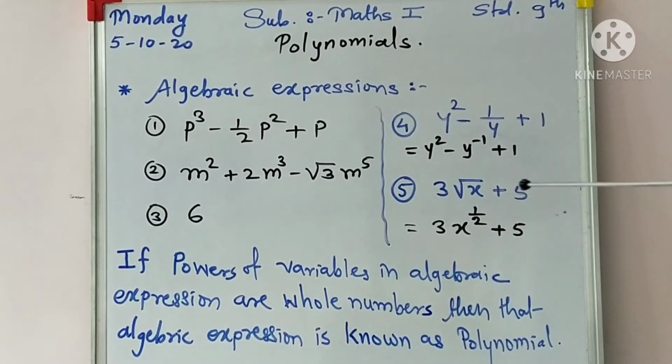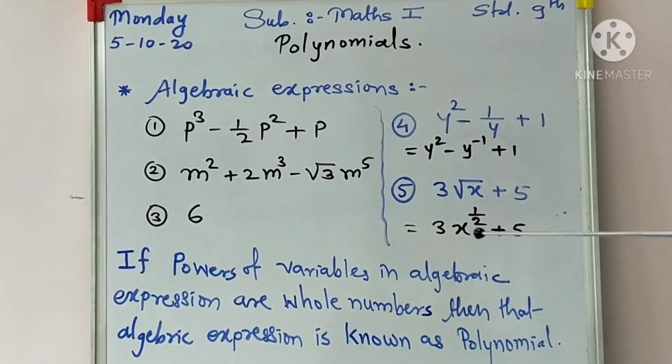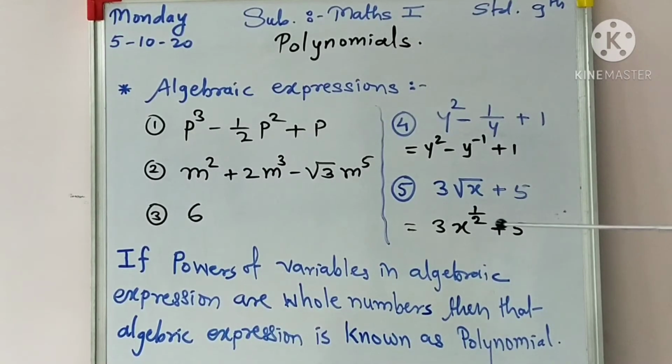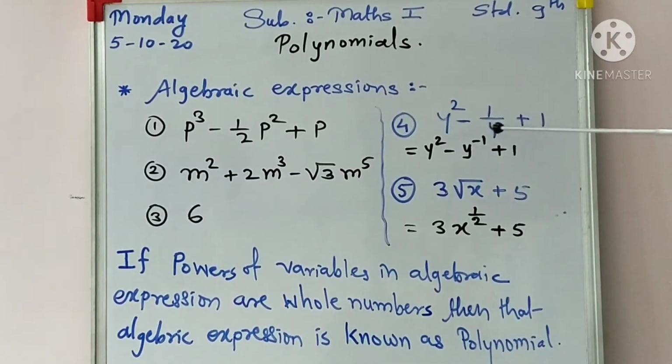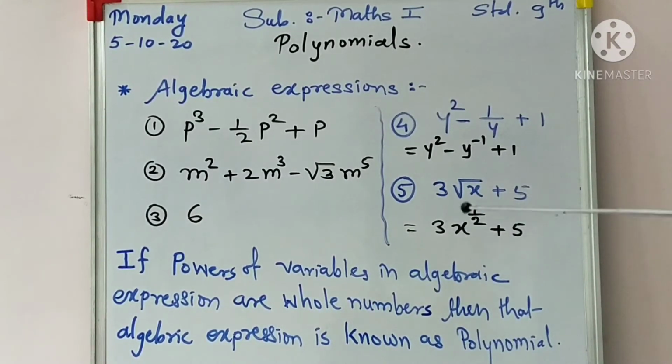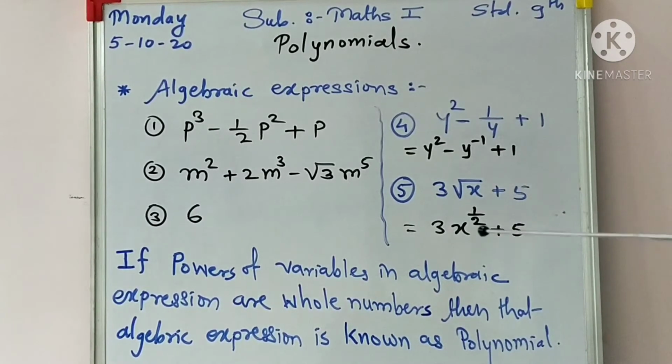Means here also the power is a fraction, not a whole number, and therefore the fifth expression is also not a polynomial. Getting this? Means if the variable term is in the denominator or under a root sign, or the power of the variable is negative, then we can say that the given expression is not a polynomial. Getting this point?